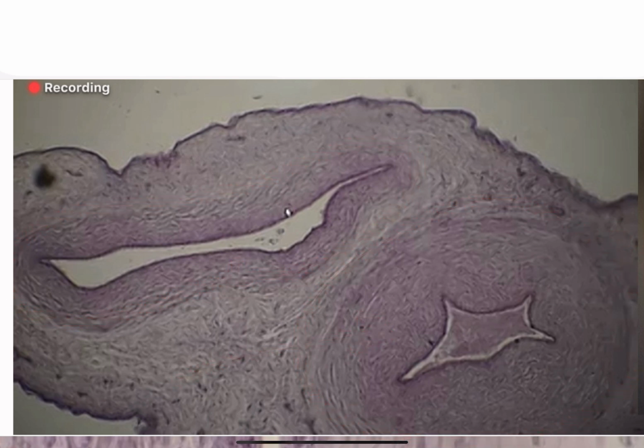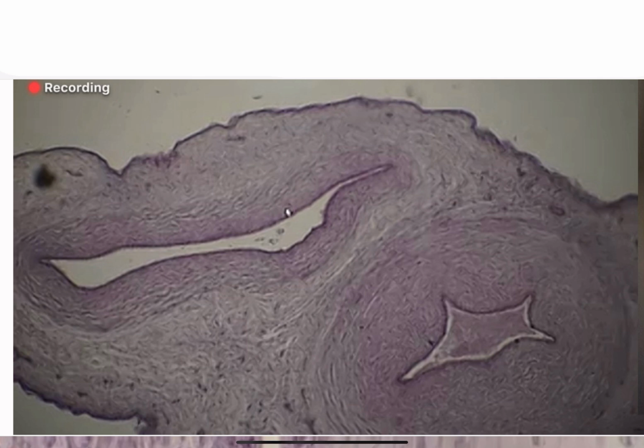Now, why? First of all, we'll look at the wall of the blood vessel. So the wall of this blood vessel is this thick, while the wall of this blood vessel is about this thick. So you see how thicker this wall is compared to this. And another thing, lumen of this blood vessel is this big in diameter approximately, and the lumen of this blood vessel is a lot larger.